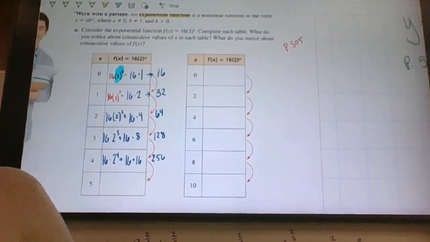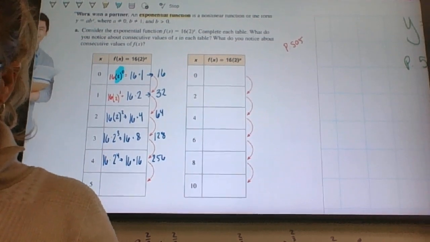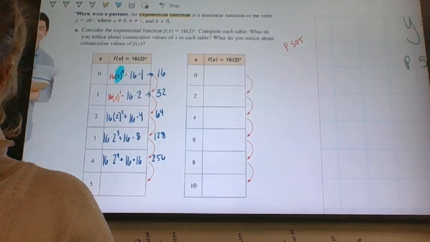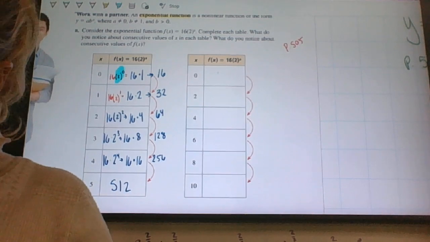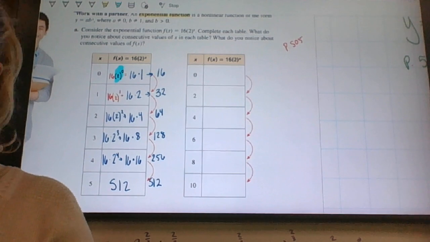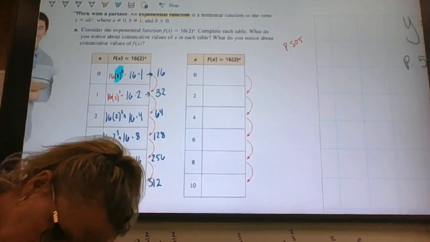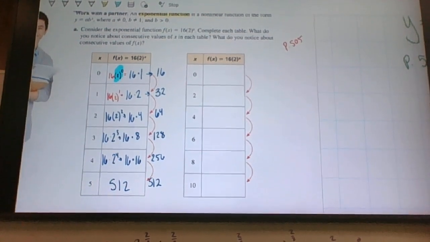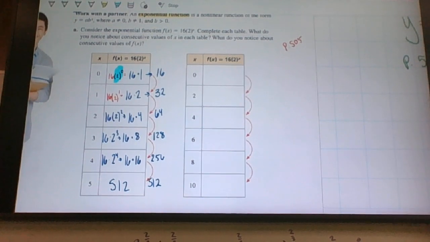What'd you guys get for 5? For number 5, I got 1285. What did you get? 512. I think she's right.